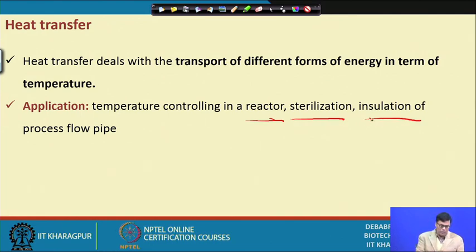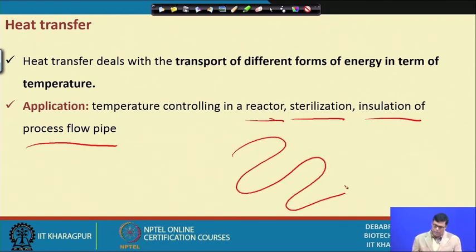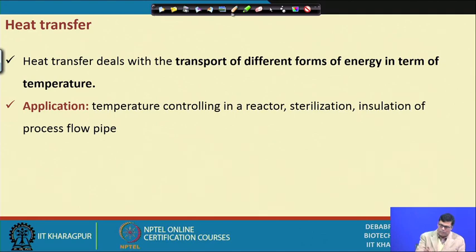And insulation of the process flow line is also very much required. Particularly in the case of a sterilizer, the pipe after the heat exchanger should be totally insulated so that we can maintain the temperature in the pipeline for the sterility of the liquid.